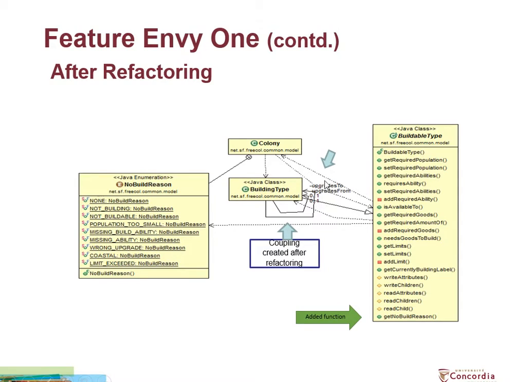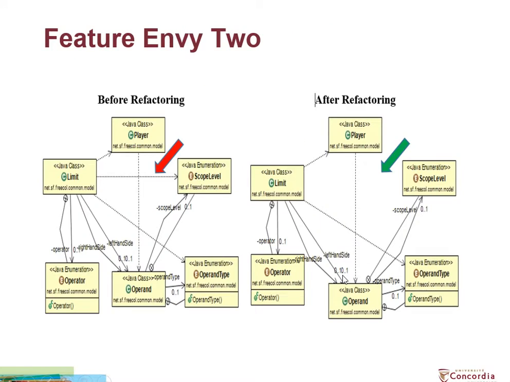So this is not a good refactoring because this class needs an enumeration type which is defined in this class here. So it increases the coupling between classes.